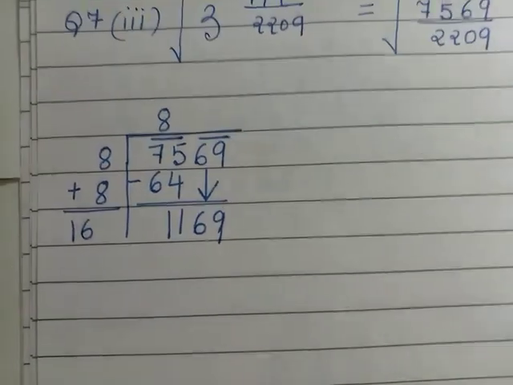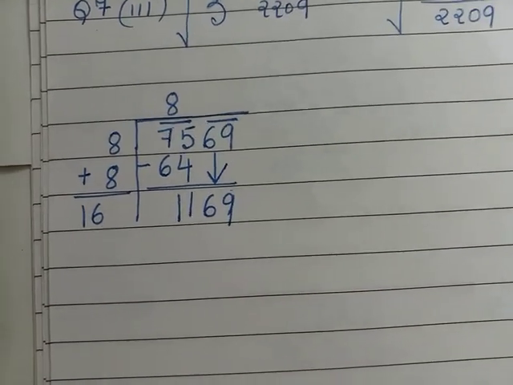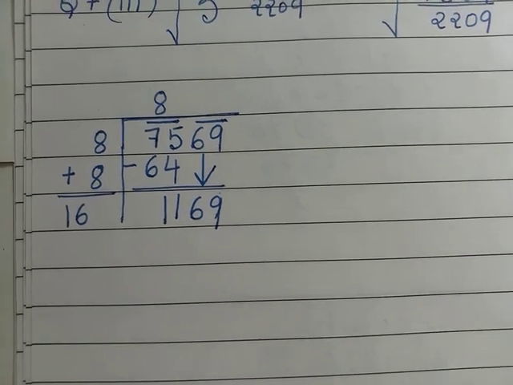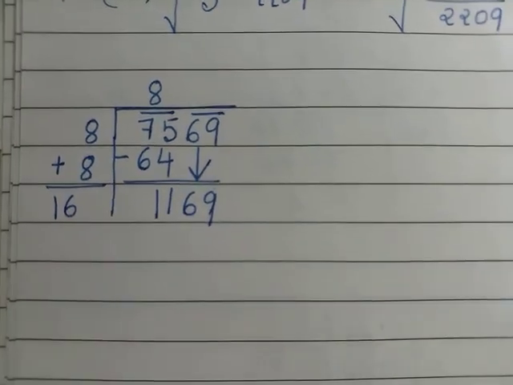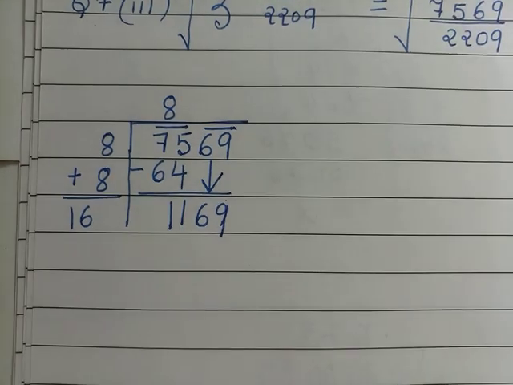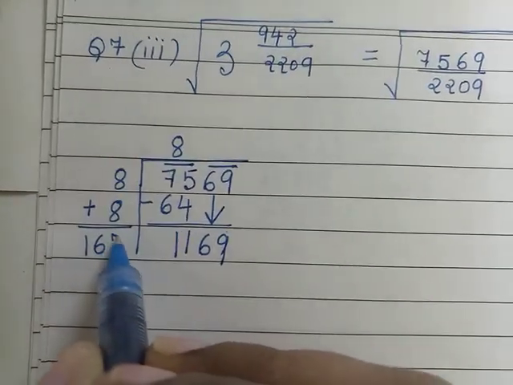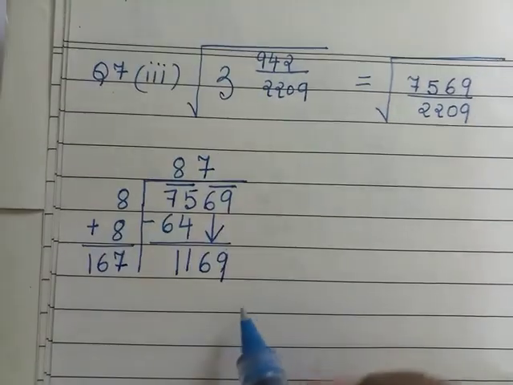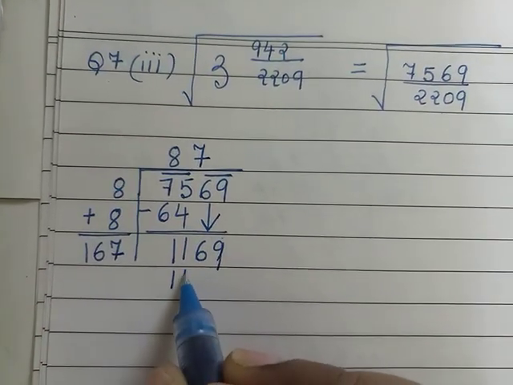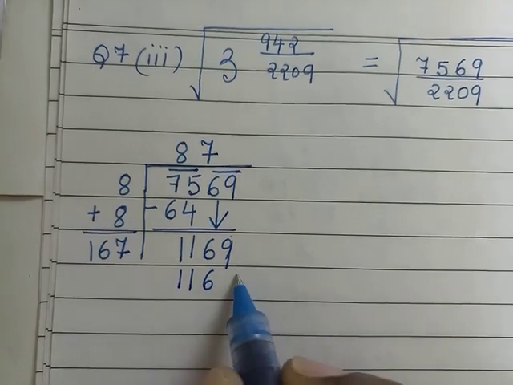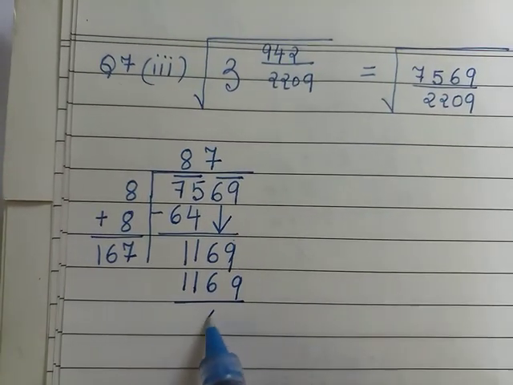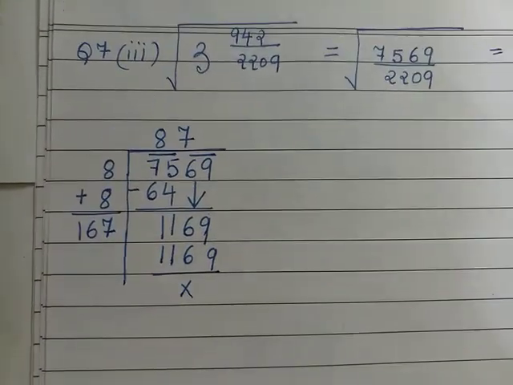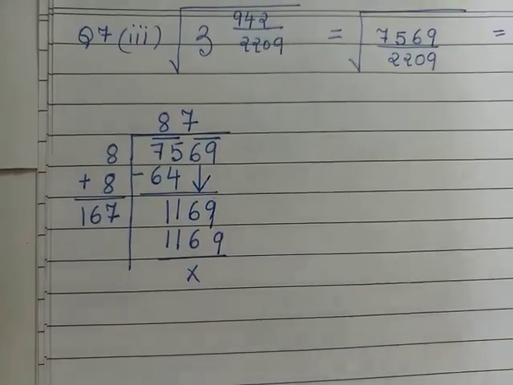Now we have to affix any one such number in front of 16, so either we reach 1169 or closest to it. When you multiply and check, if we put 7 here, 7 multiplied by 167 will give you 1169. So it gets completely cancelled. So the square root of 7569 is 87.